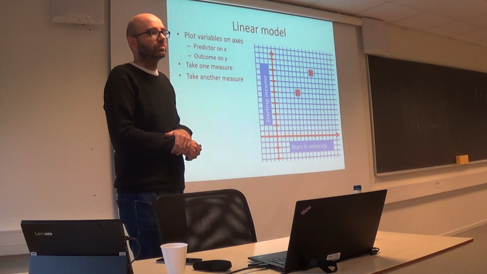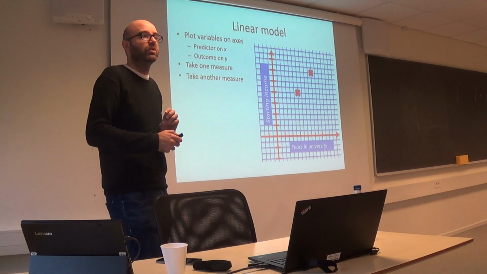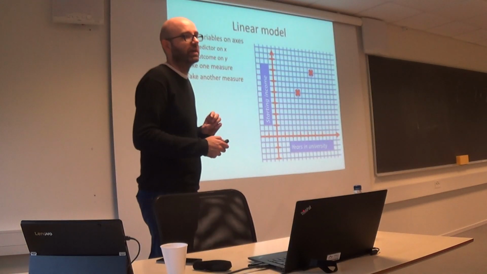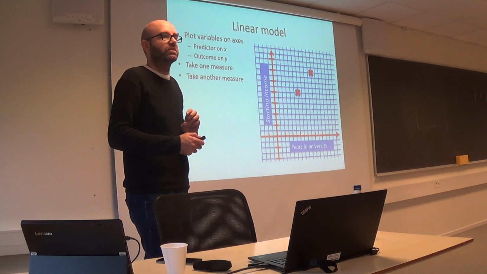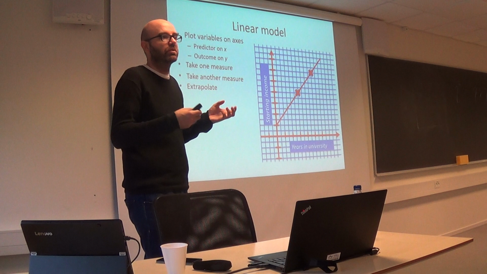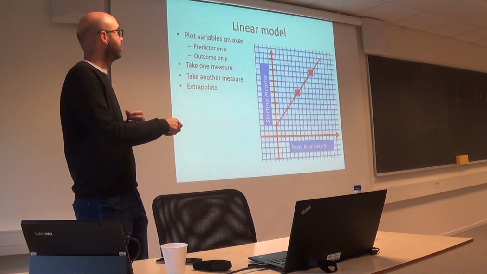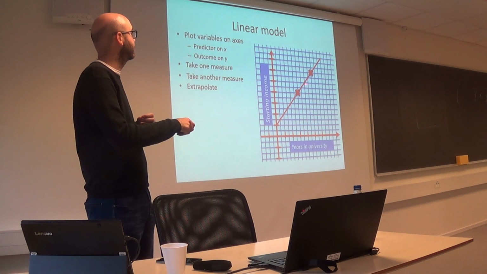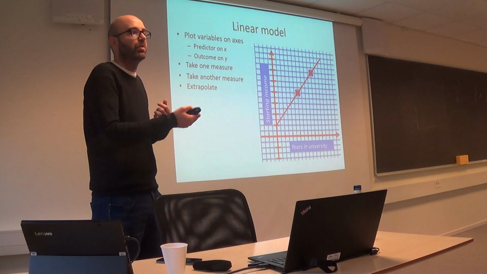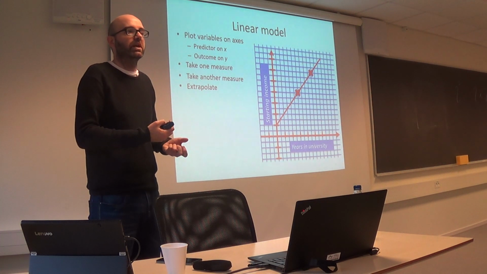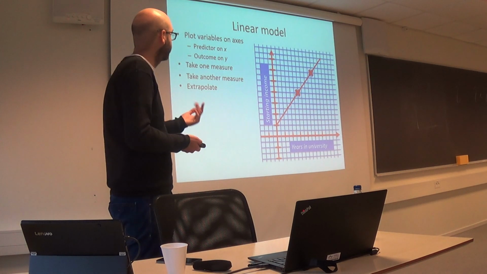If we want to have an estimate, all else being equal, of how much our students will make after they finish one of these new 1-year masters programs that the government would like us to start running, what we can do is we can draw a line. And that'll give us a way of predicting very roughly what we should expect the starting income of any given student to be after they've finished the 1-year masters, or what we should expect their starting income to be after they've finished their PhD. So we can extrapolate.